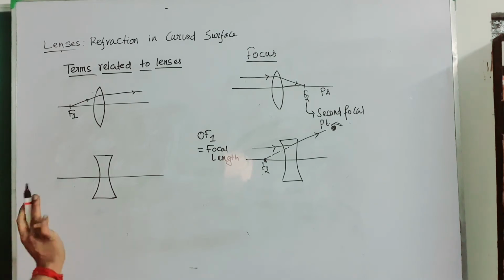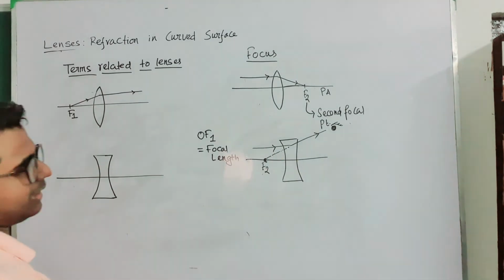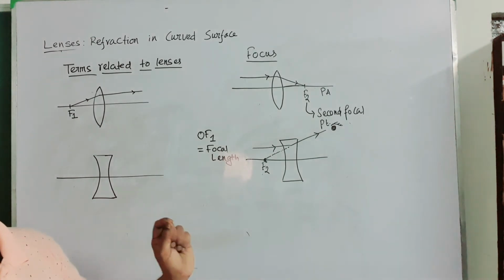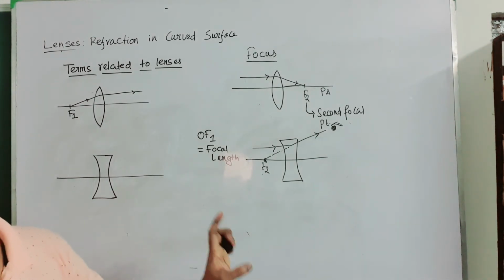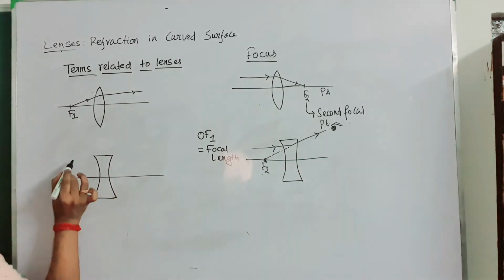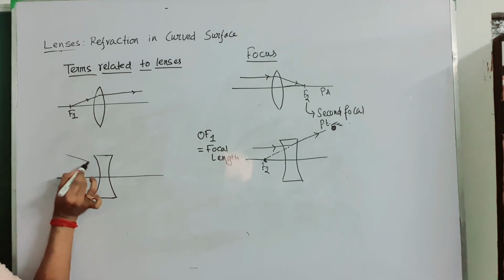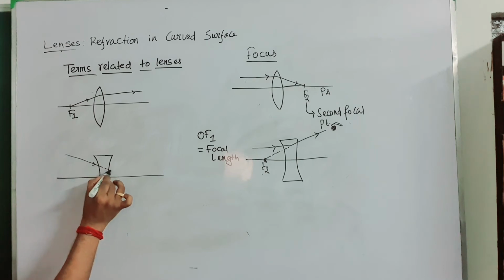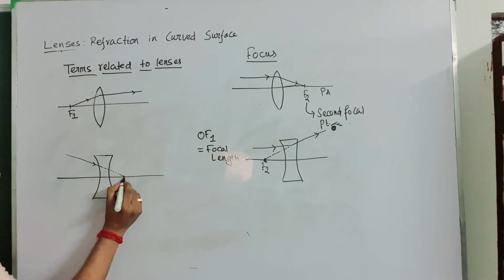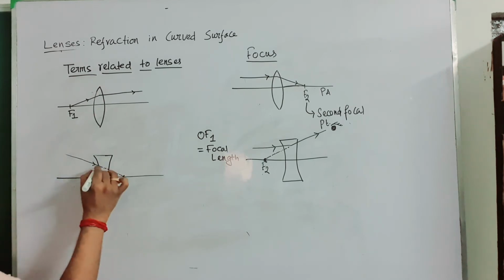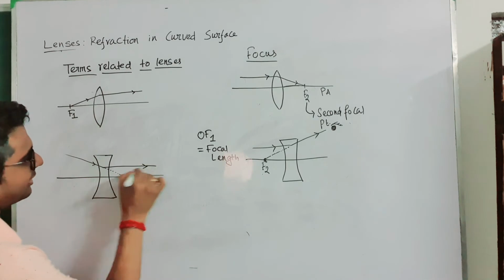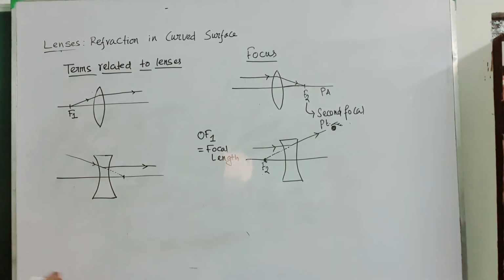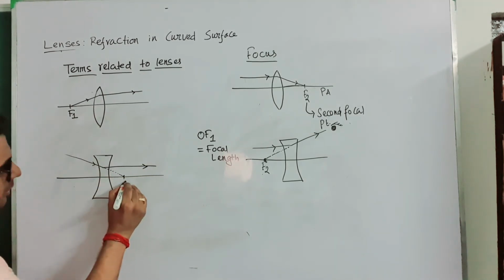So here there is no real focus. In the first case we have seen that there is no real focus. Here, if some ray falls in such a direction that, if it went straight, it would meet some point on the principal axis, and this ray gets refracted as a parallel ray, then the virtual meeting point will be called F1.